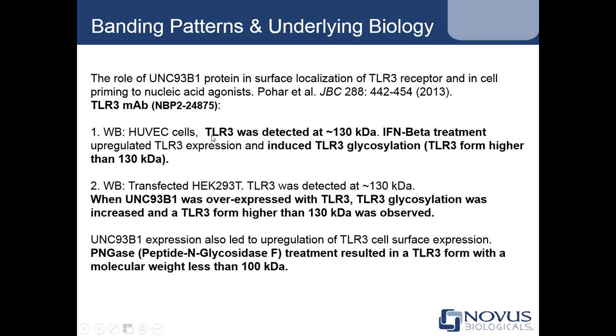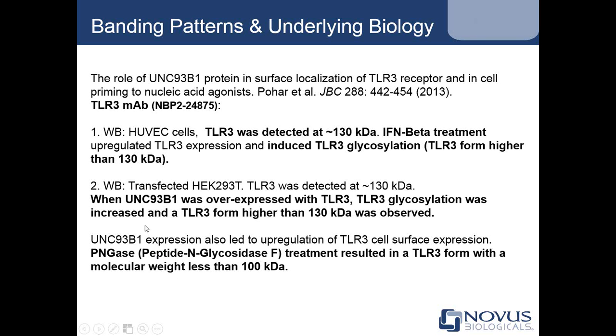For example, in this study in HUVEC cells, TLR3 was detected as 130 kilodaltons, which we usually think of as full-length TLR3. However, when they treated with interferon beta, they got a higher molecular weight band, which was found to be due to glycosylation, higher than 130 kilodaltons.